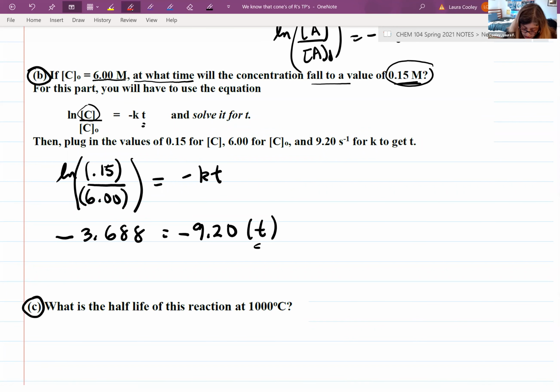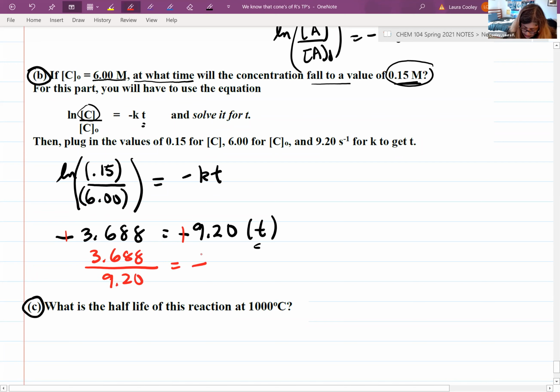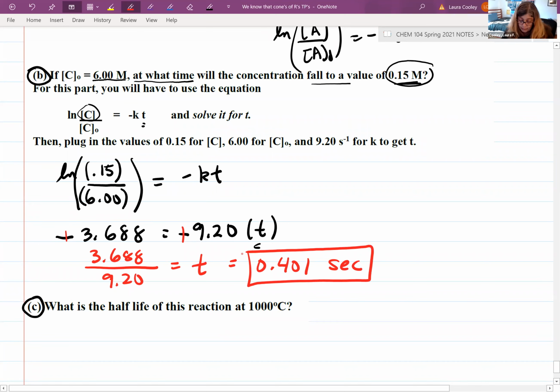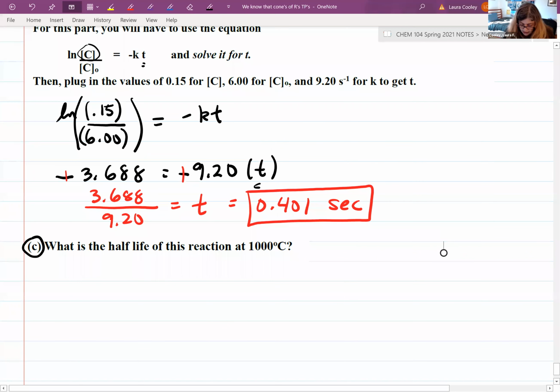So I can change the sign on both sides. Then I'll just take my 3.688, divide it by 9.20 to get the time, which is 0.401 seconds. So that's how you do a problem like that. We're solving for the time.